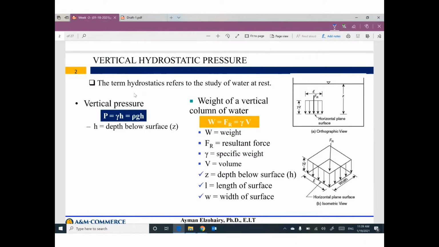So today we will start with something called vertical hydrostatic pressure.